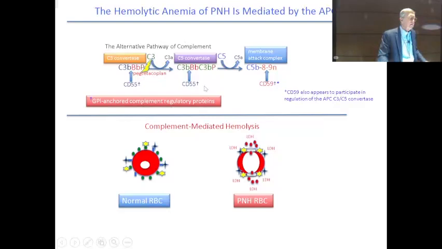In this illustration, I show the C3 convertase, and this is a very important amplification part of the complement cascade. And it's controlled by CD55 and also by CD59.